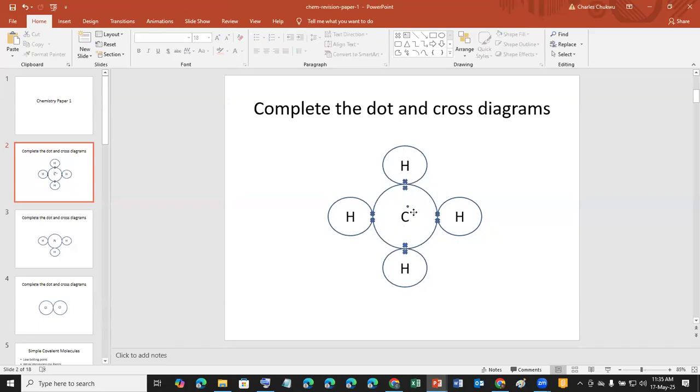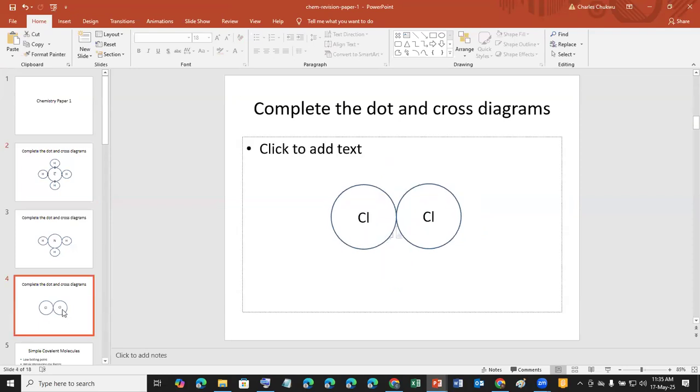Okay, so I'll just have these 2. So there you go. Did you see that? Yes. Okay. So that's how it will look.